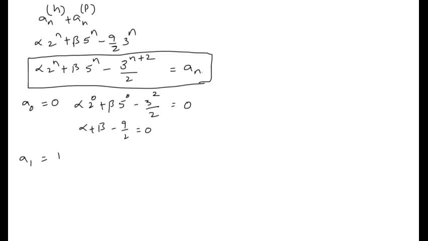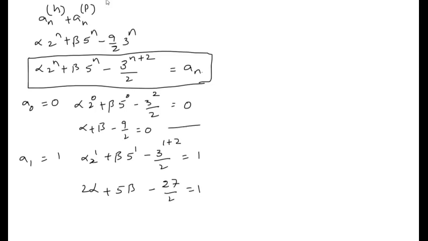So we are going to substitute 1 in place of n. So alpha into 2 power 1 plus beta into 5 power 1 minus 3 power 3 is 27 divided by 2 is equal to 1. So we can write it as 2 alpha plus 5 beta minus 27 divided by 2 is equal to 1. So this is equation 1 and this is equation 2.